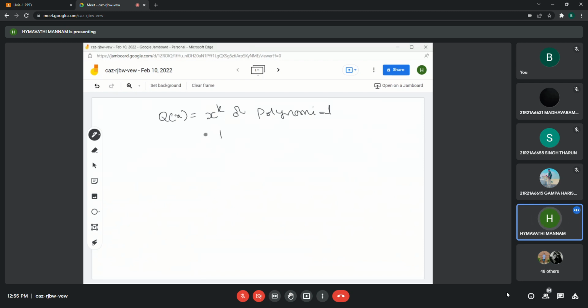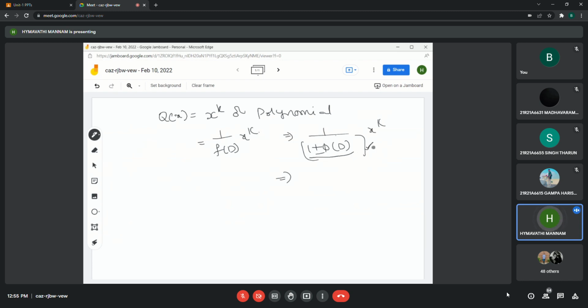So how can we find the particular integral when Q of x is x to the power k? So 1 by f of D into x to the power k. This f of D you can write as 1 plus or minus phi of D, so 1 by 1 plus or minus phi of D into x to the power k, or a polynomial. Now this denominator you can write in the numerator.